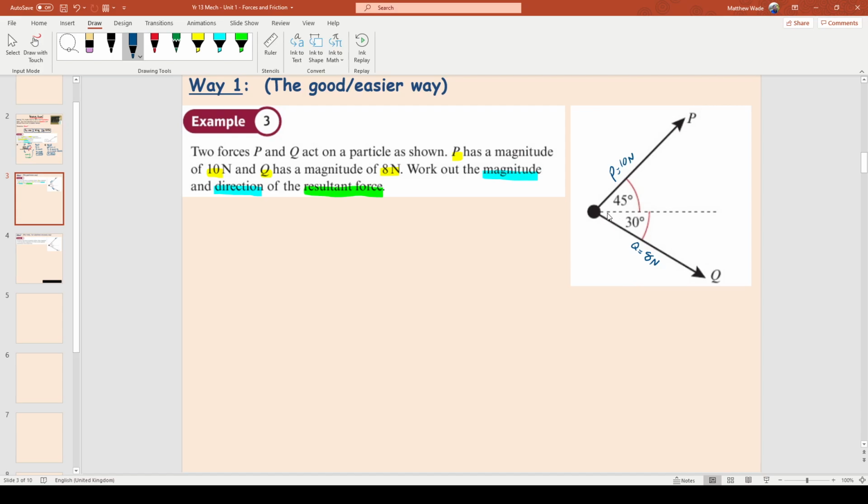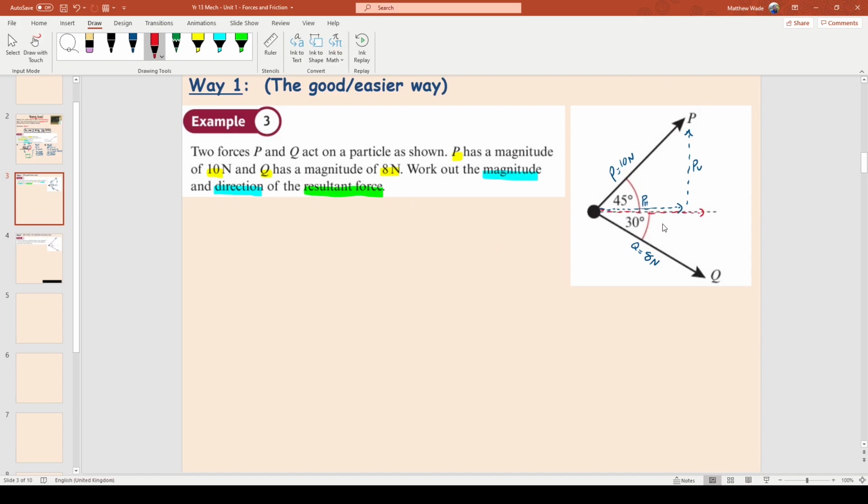They're both on an angle, so let's break them down. So for P, we're going to go along like that, and we're going to call that PH, because that's horizontal. PV, because that's vertical. Cool beans? Same deal on the Q one.